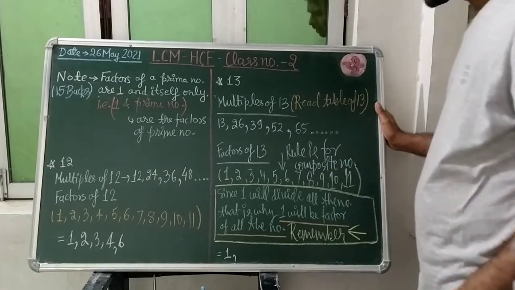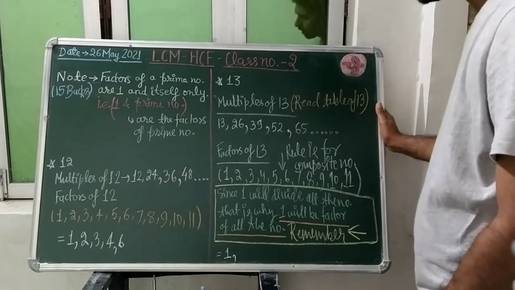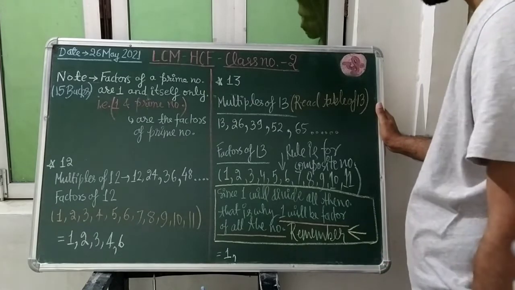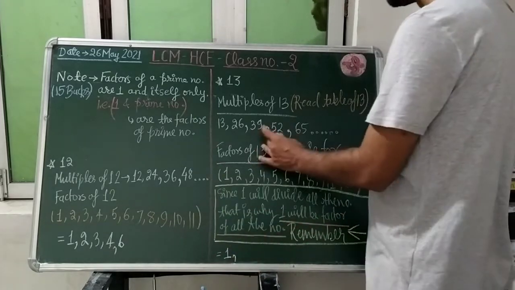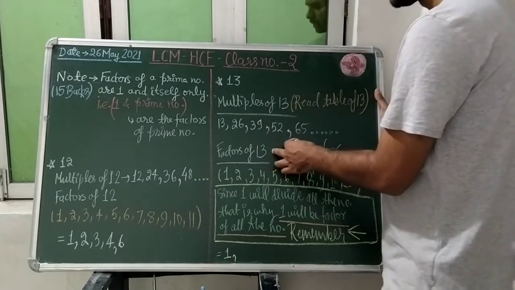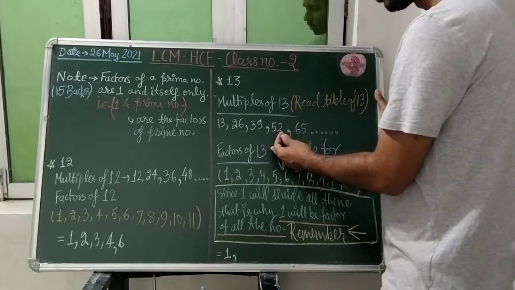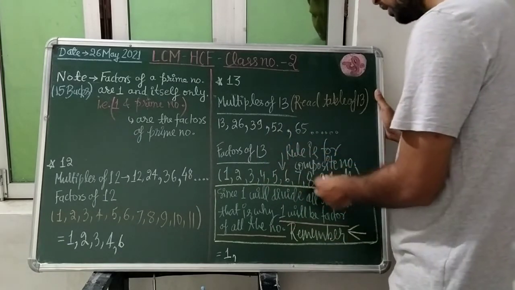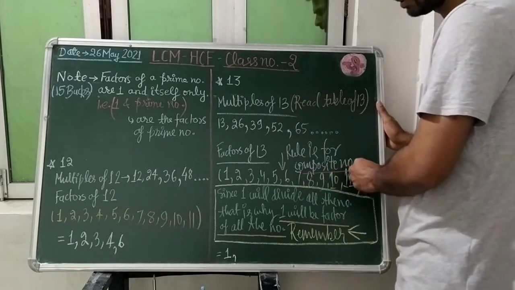In number system worksheet number 2, I have talked about prime numbers and composite numbers. Since 1 is neither prime nor composite, it will divide this number, and this rule is not going to be used here. This rule is only for the composite numbers.